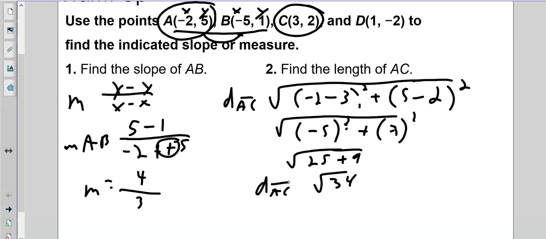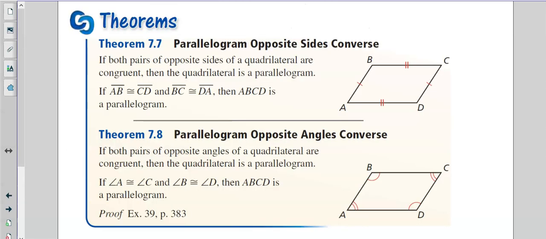Now, if I did the square root of 34 on a calculator, we could get an approximate number, but it's not going to be exact. So approximately 5.83, but that's a rounded number. All right? So, some more theorems. The parallelogram opposite side converse.